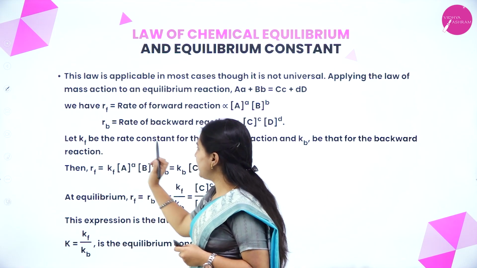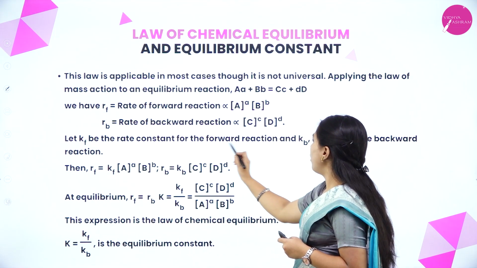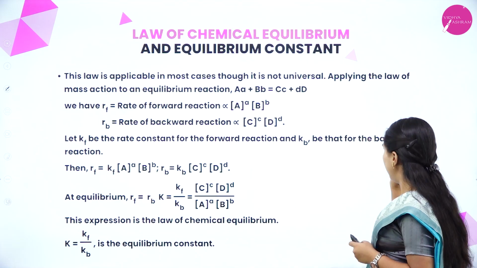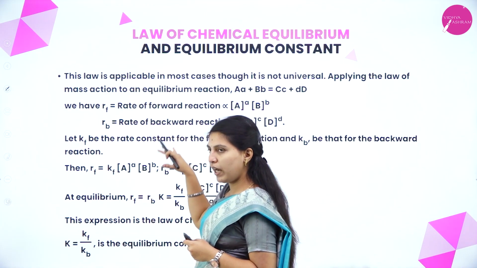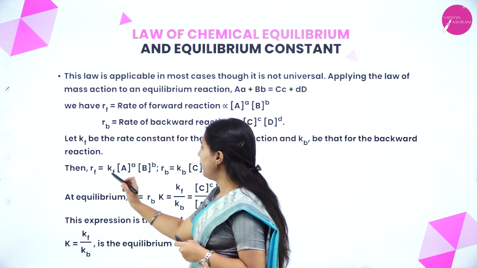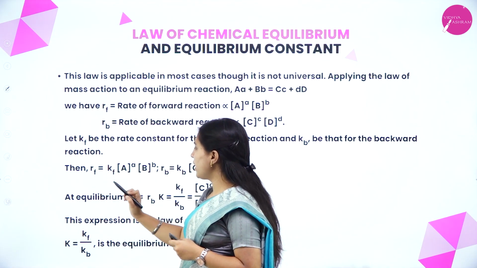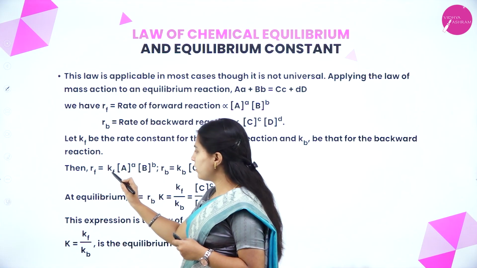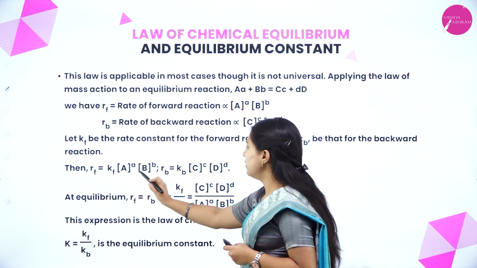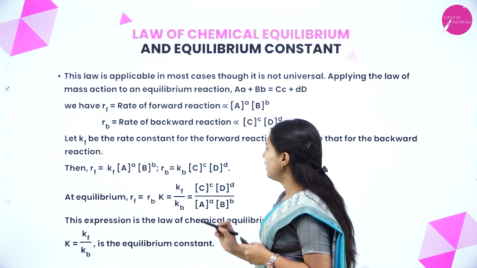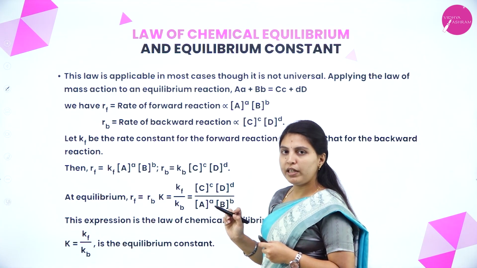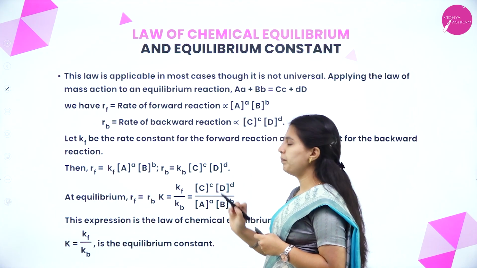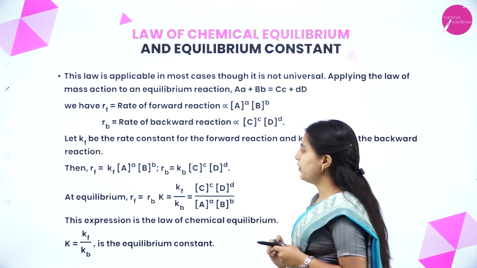Let Kf be the rate constant for the forward reaction and Kb be the rate constant for the backward reaction. Then what will happen after summarizing all the things? The rate of forward reaction will be equal to the rate constant of the forward reaction into the molar concentration of reactants. Same here, the backward reaction is the rate constant for the backward reaction into the molar concentration of products.